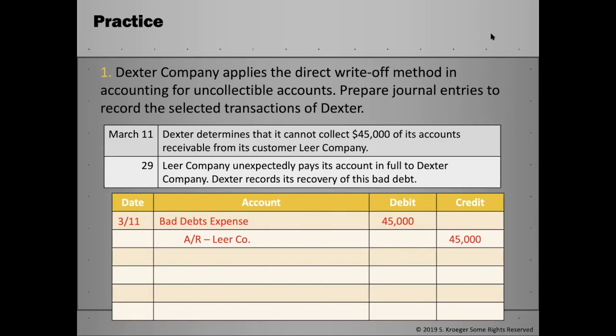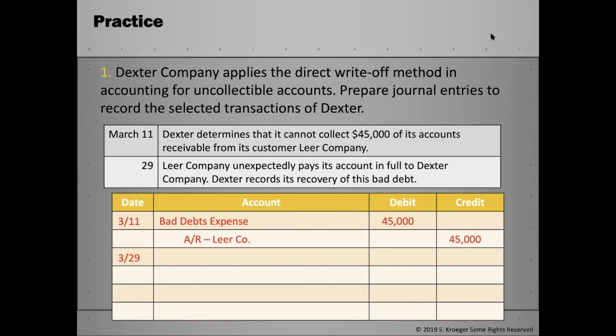However, in this case, on March 29th, Lear Company unexpectedly pays its account in full to Dexter Company. Dexter records its recovery of this bad debt. So now this client has come in who we previously wrote off, and they say, hey, I can pay you. Maybe they made a big sale or their business is doing better and they can come back and pay us.